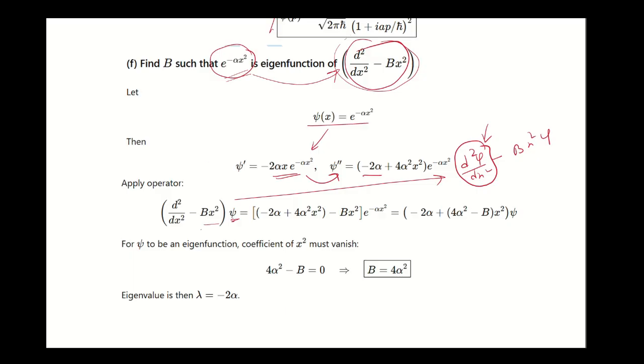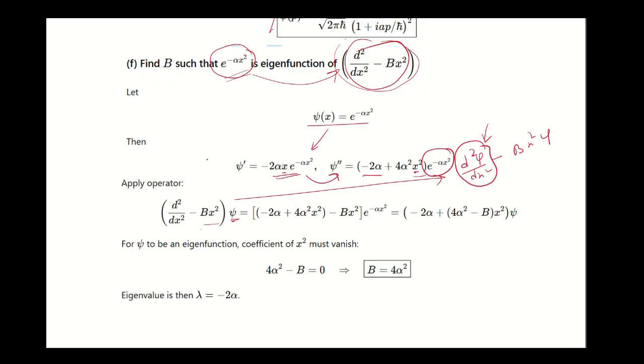Then x is taken as it is, and the derivative of e to the power minus alpha x squared gives minus twice alpha x again. So it will be 4 alpha squared x squared, then common e to the power minus alpha x squared. This is the second order derivative.